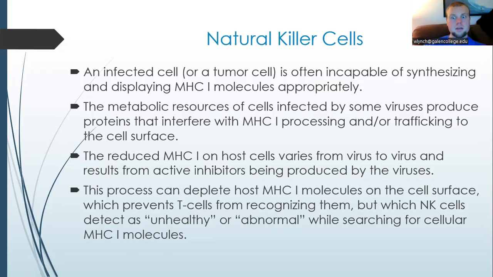However, if there are no MHC molecules on the surface, the natural killer cells are able to see it, okay? So if they find a cell or they come across a cell that has no MHC molecule at all, then they will dictate that this is an abnormal cell also, and they will be able to destroy it, where a T cell was not able to recognize it and destroy it.